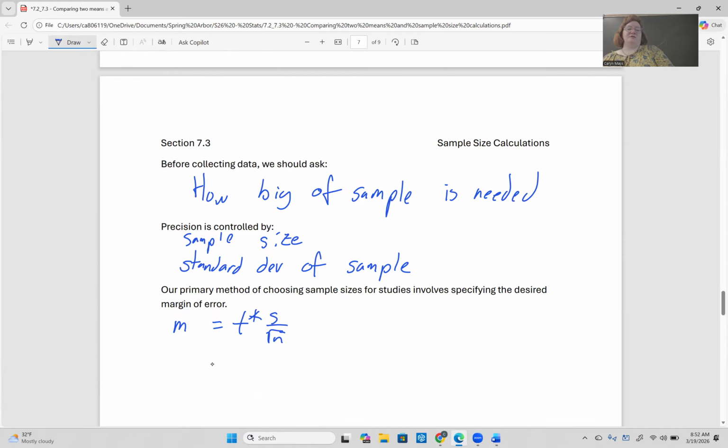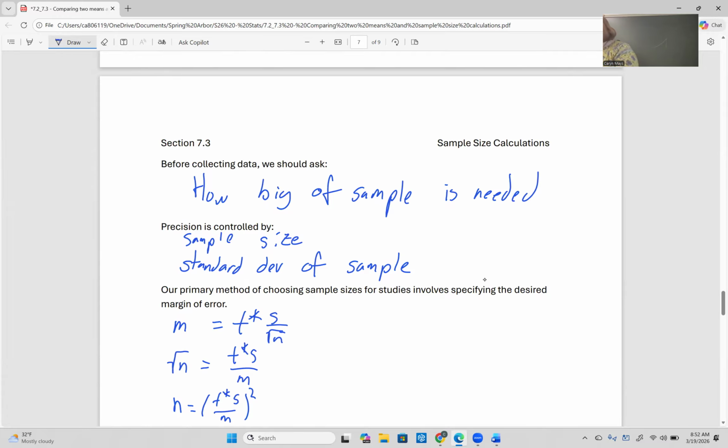The algebra steps in between of getting this N by itself. Multiply both sides with square root. Yeah, square root N is T star S over M. Square it. So breaking it down, we make sure we're getting it right.